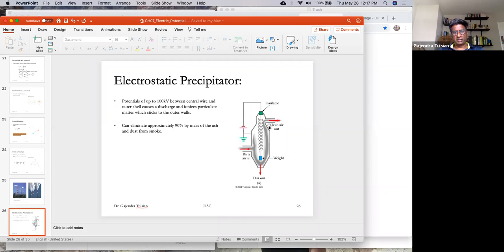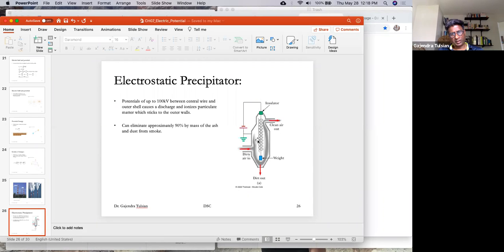So here's a large metal chamber. Here's the dirty smoke going in. What you have is a thin wire hanging in the middle, and the wire is at close to 100,000 volts that you connect between the metal housing and the central wire. And when the wire is at that large voltage, it easily loses electrons.